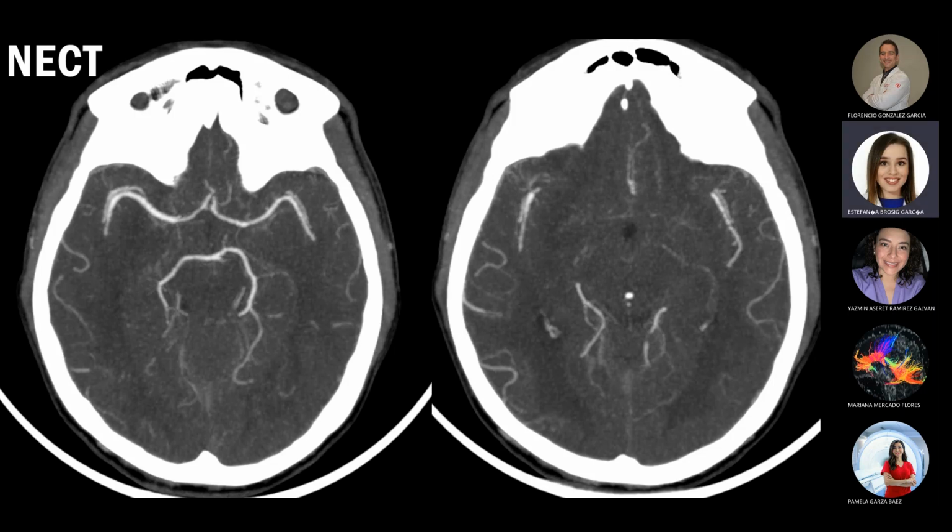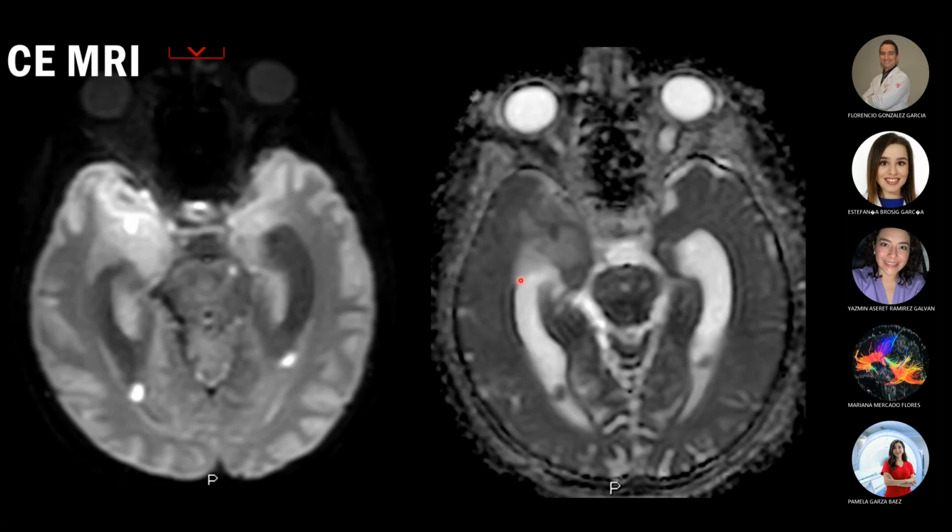So to continue with the evaluation of the patient, a contrast enhanced MRI was performed. I'm going to show first the sequence of diffusion weighted images with the corresponding ADC map.